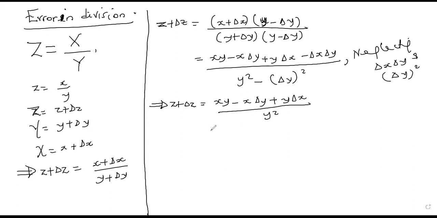Because we are looking at errors, the minus x times change in y we take positive, so it will be plus x change in y and plus y change in x out of y squared.